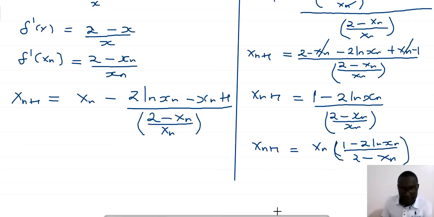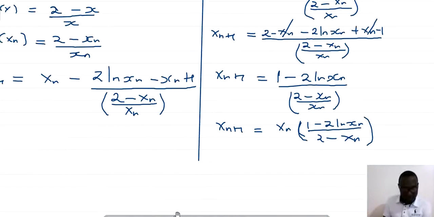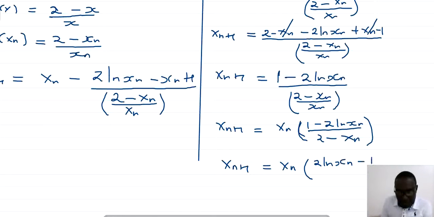So we need to check, is it what is required of us? So they have 2 ln xn minus 1, then down here they have xn minus 2. We have the same, only that we need to multiply in the numerator and the denominator by -1, which doesn't change the equation. So xn plus 1 can be, by multiplying in the numerator and the denominator by -1, we shall have xn into bracket, this by -1 we have 2 ln xn minus 1, the denominator also by -1 we shall have xn minus 2.